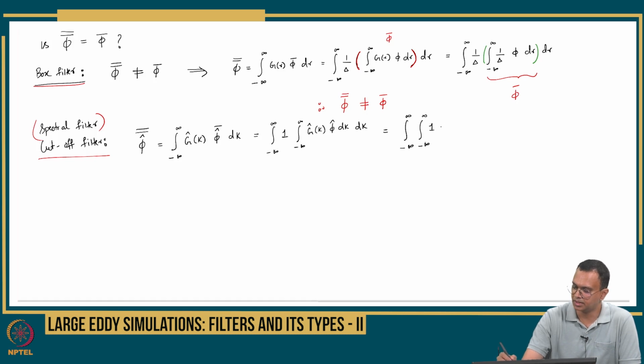G cap of k is again 1, so this becomes only phi cap dk dk. This will become one here.